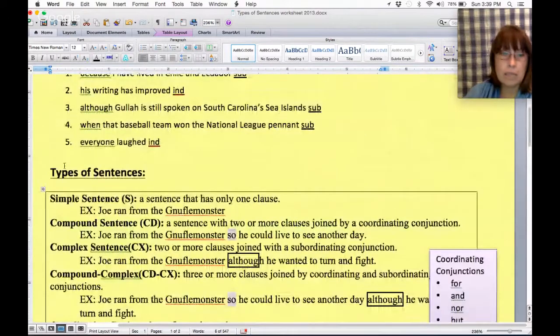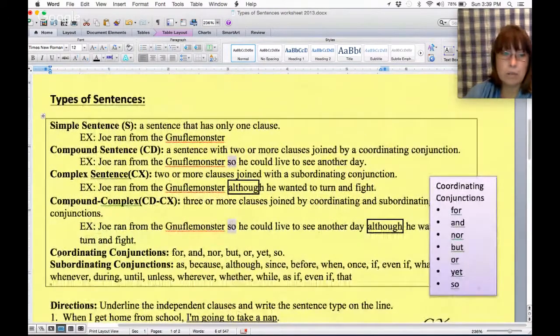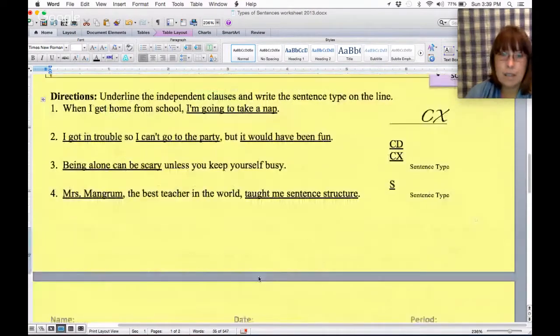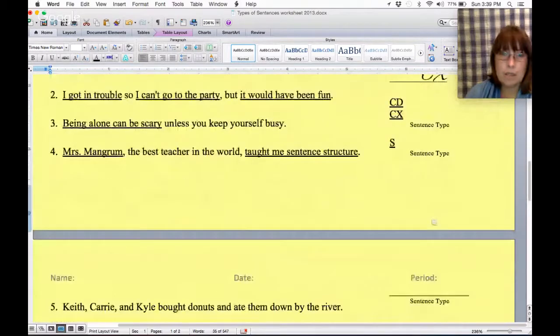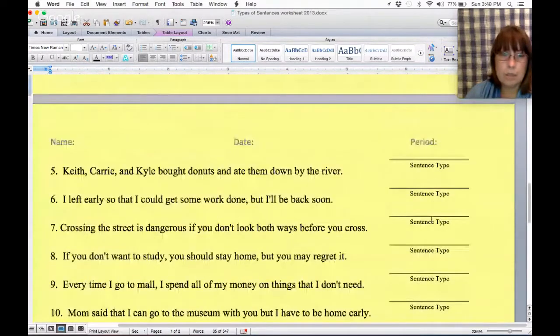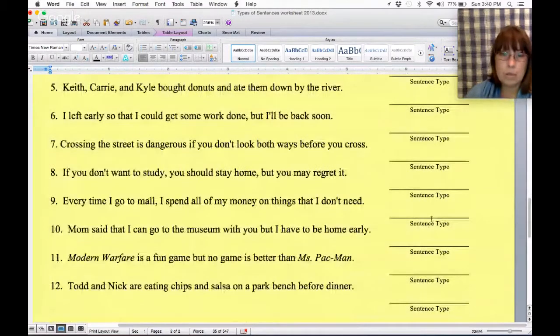Okay, so notice that you are going to want to really use this coordinating and subordinating conjunctions list to help you. Use the ones that we've done together to also guide you. But I want you to do 6 through 12. Underline the independent clauses, ones that can stand alone and do not have anything depending on them.